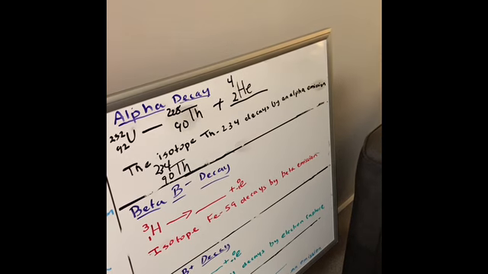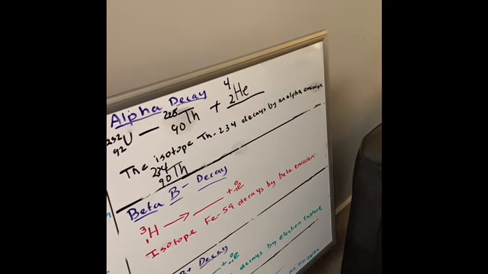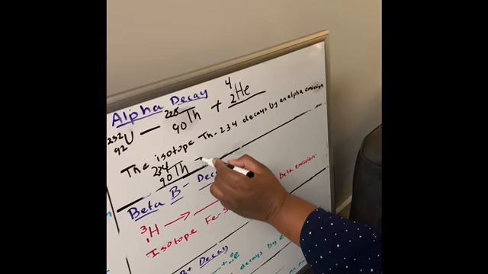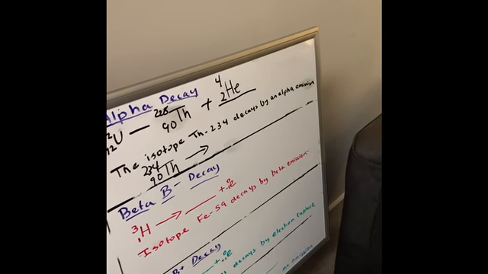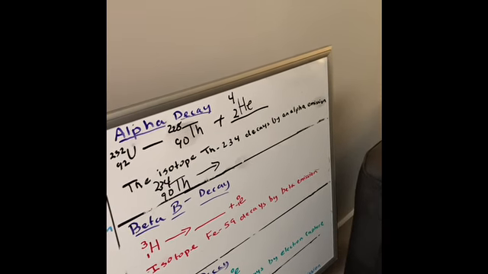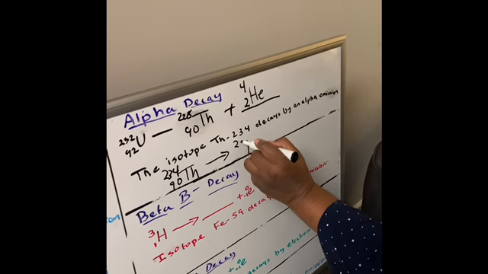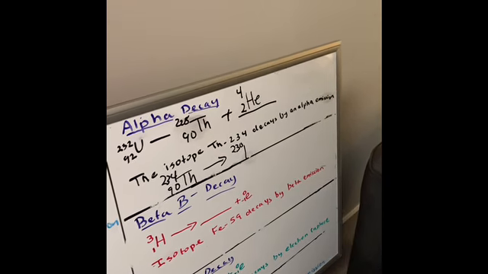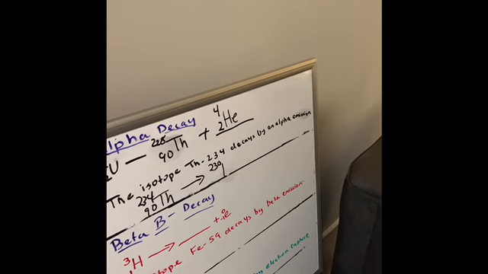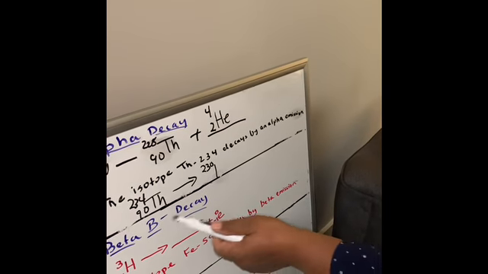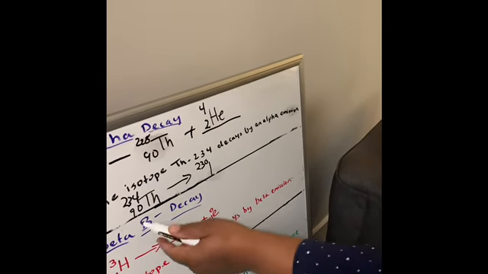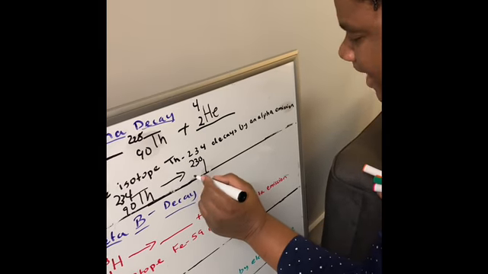The atomic number for thorium is 90, and then we're going to get the yield because we're going to decrease the atomic mass by 4, which is going to be 230, and we're going to decrease the atomic number by 2.